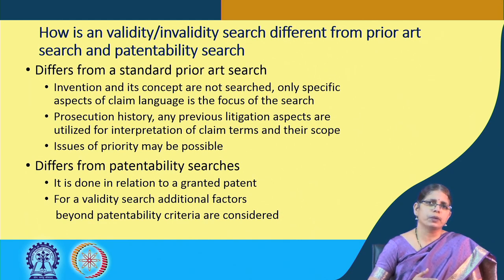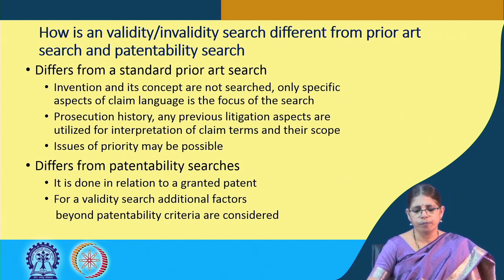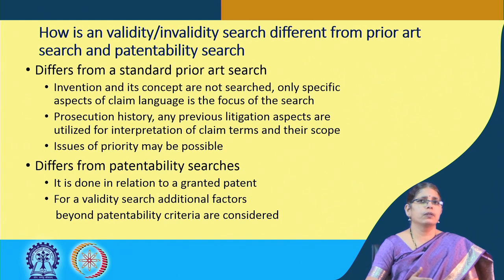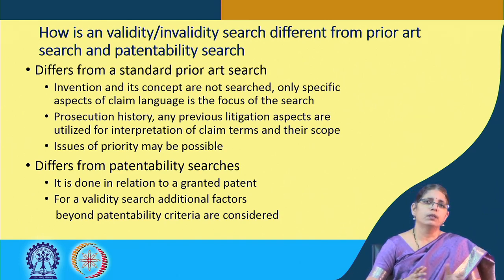Another important aspect where the difference comes in is the relevance of prosecution history. Any previous litigation on related patents can again be potentially utilized. Many a time, patents can be of different types. There could be patents of addition, and divisional patents are also available.